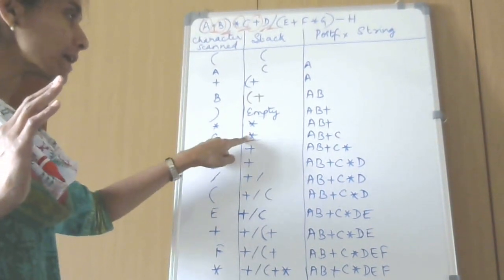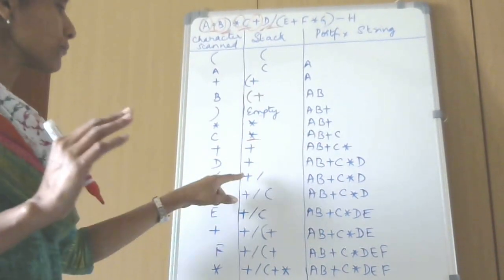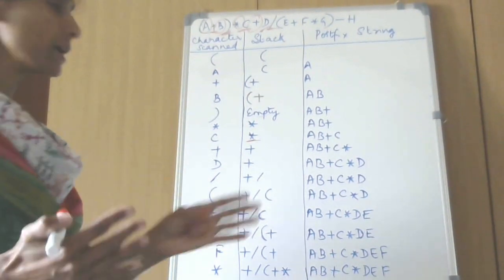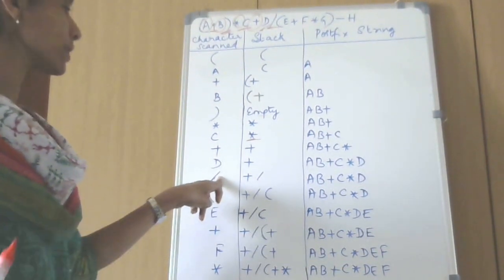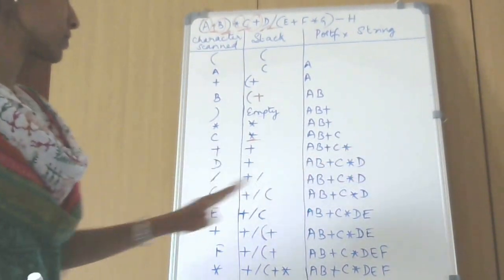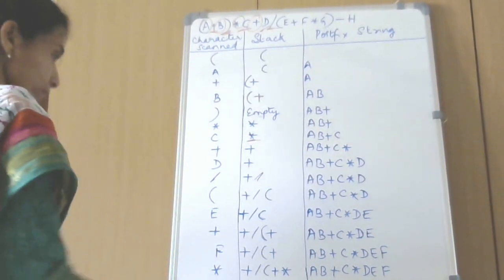Only if the stack contains an operator of higher or equal priority do we have to pop it out. If the stack contains an operator of lower priority, we can simply push this higher priority operator. There is no change in the postfix string.